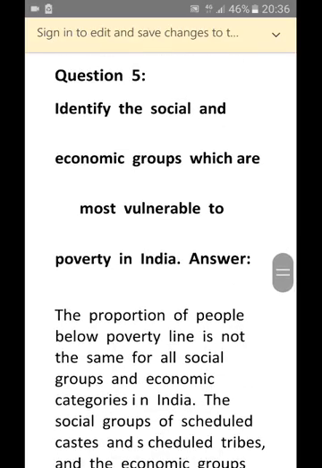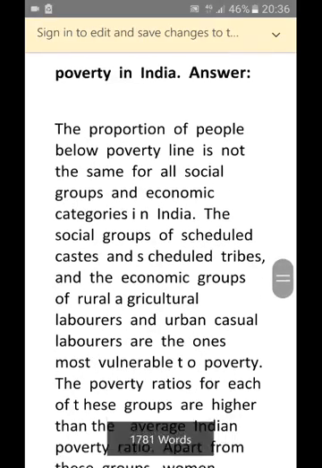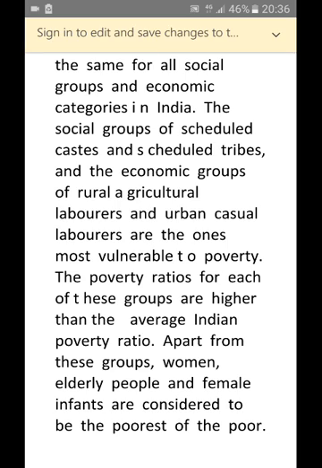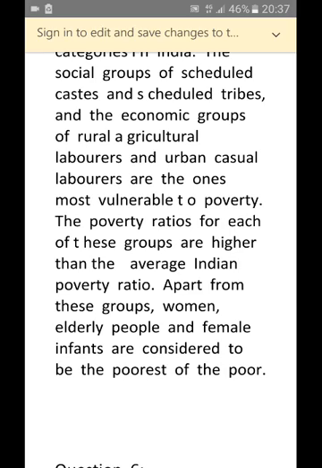Now the fifth question. Identify the social and economic groups which are most vulnerable to poverty in India. Answer. The proportion of people below the poverty line is not the same for all social groups and economic categories. In India, the social groups of the scheduled caste and scheduled tribe, that is SC and ST, and the economic groups of the rural agricultural laborers and urban casual laborers are the ones most vulnerable to poverty.